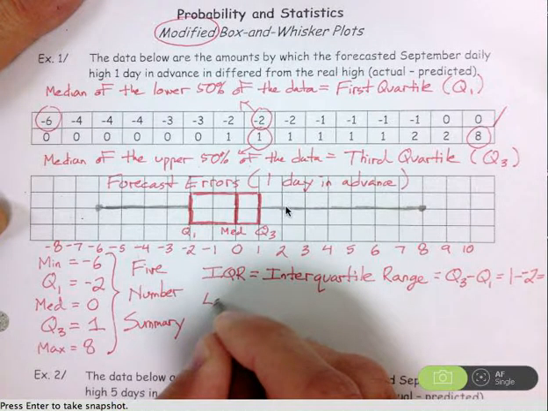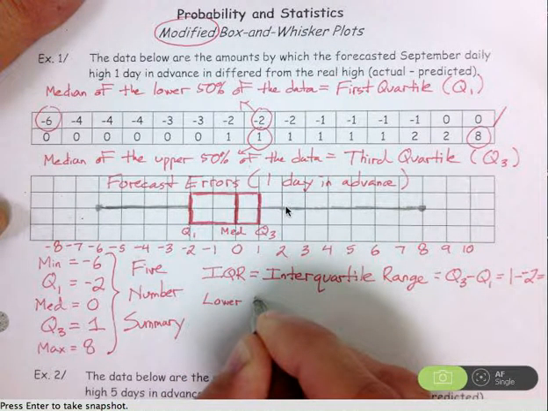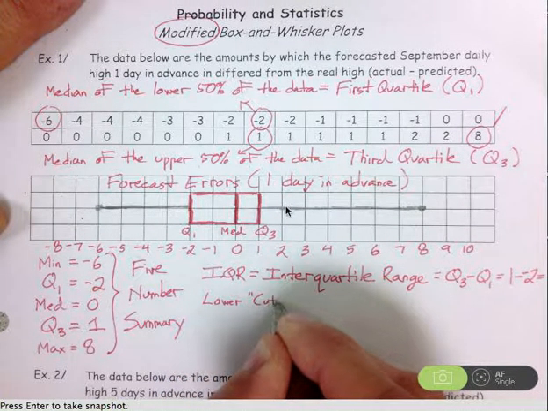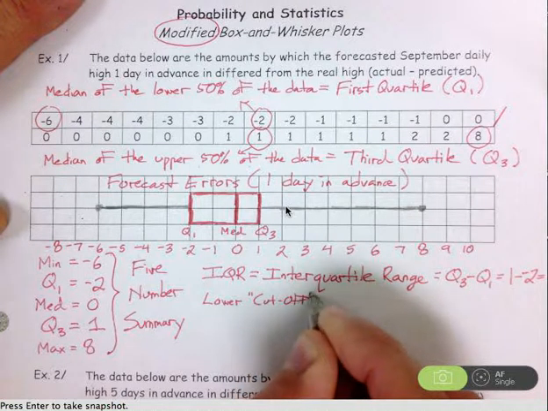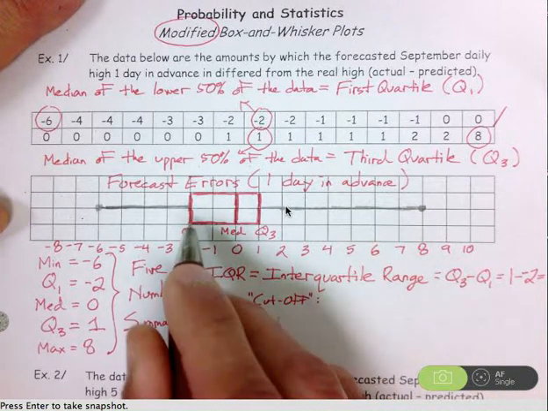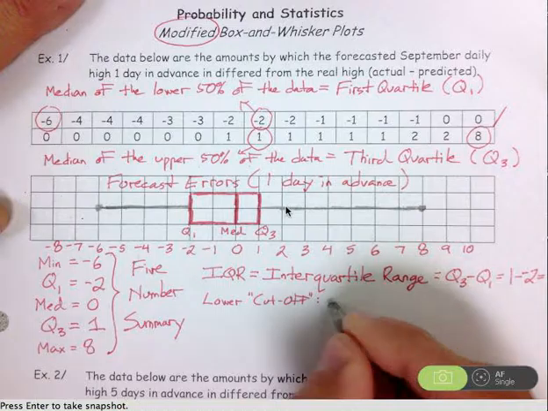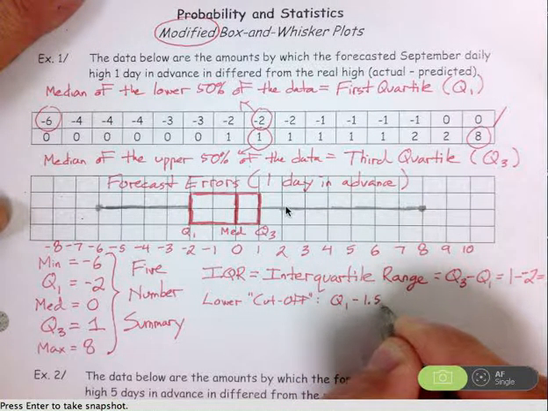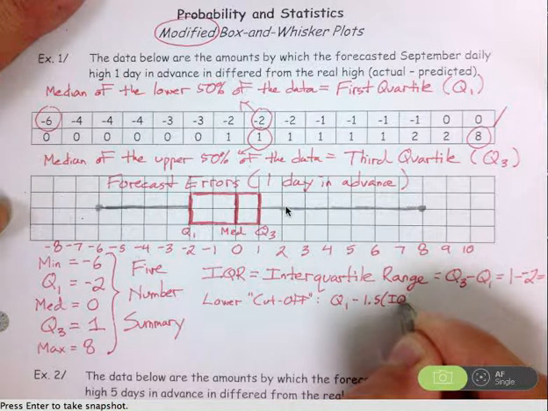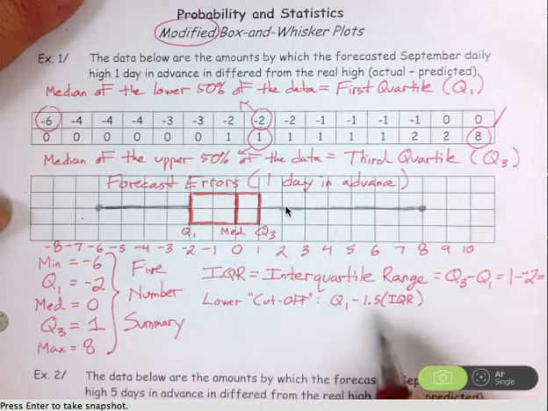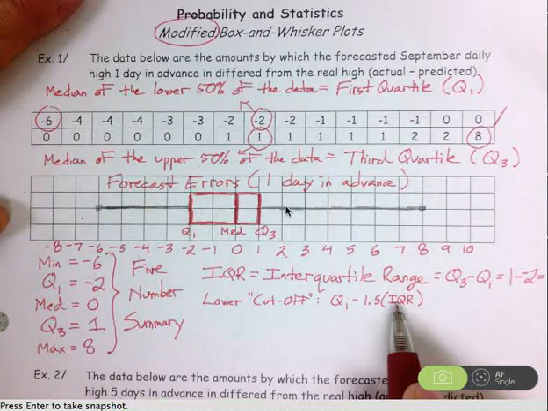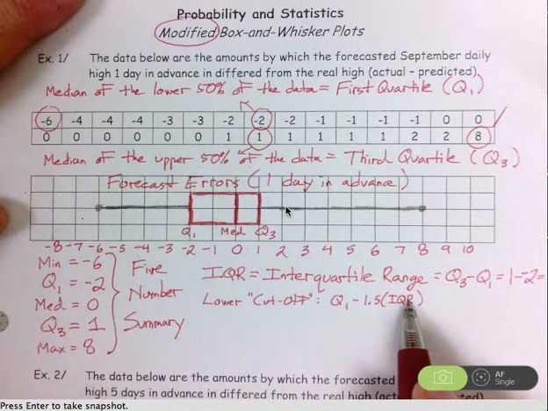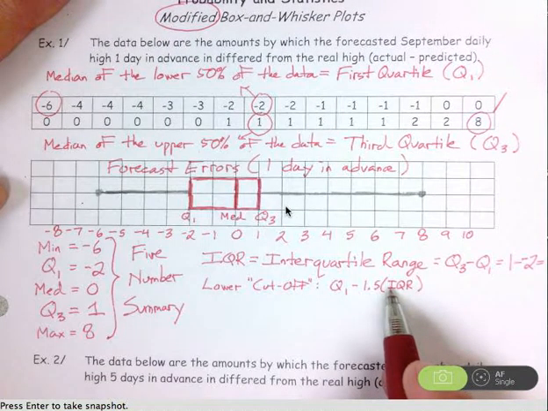So here is the lower cutoff for an outlier. So literally you take Q1 and we're going to subtract away 1.5 times the interquartile range. So we're taking away the variability in the interquartile range, but we've increased it by 50%.